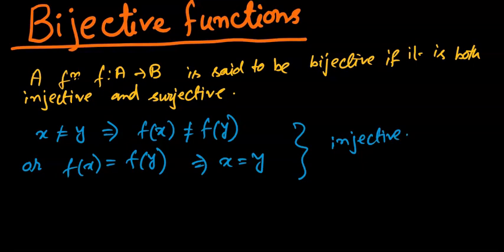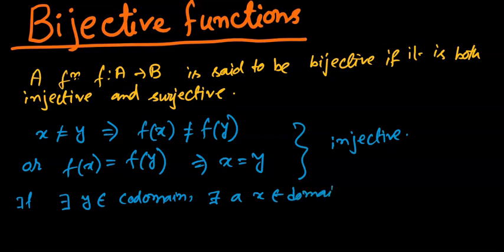And the function is surjective if for all y belonging to the codomain, there exists an x belonging to the domain such that y equals f(x).